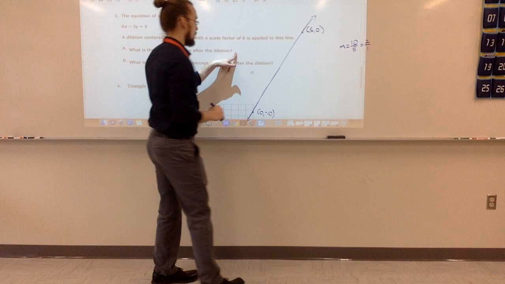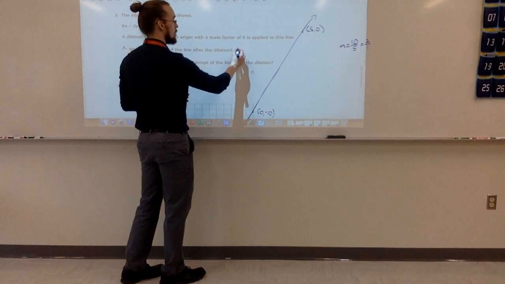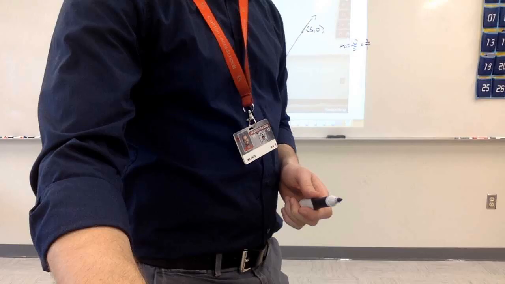Okay, well, dilating a line does not change the slope. Okay, so the slope of my original line is going to be the exact same as the slope of the line after dilation.